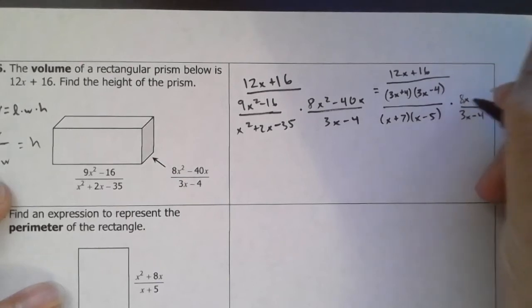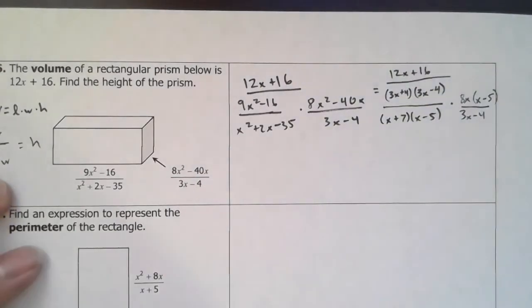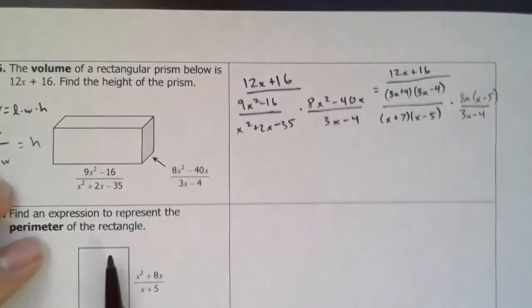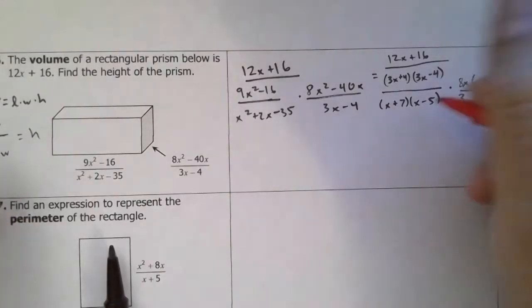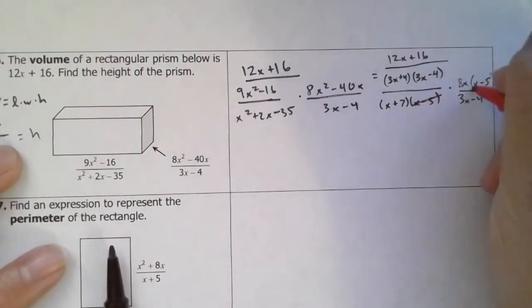So 8x, and I get x minus 5. Okay, so let's see. I guess next would be just to see what we can simplify, make this easier. So I have this x minus 5, they cancel out there.